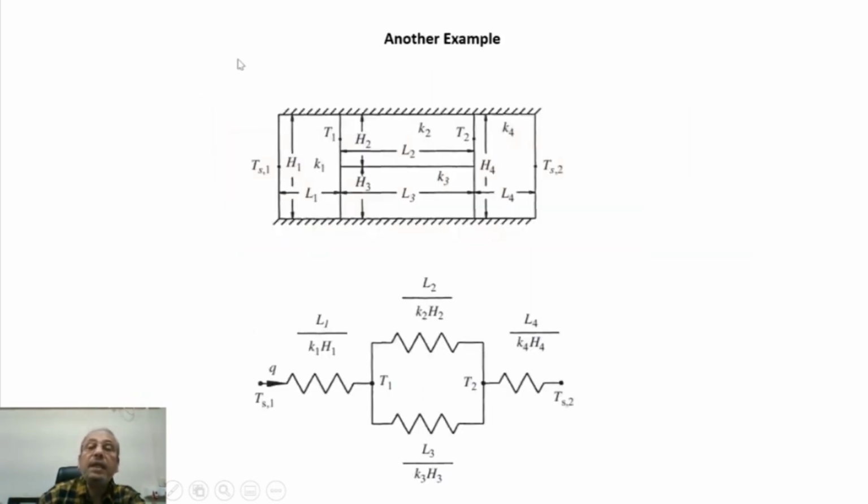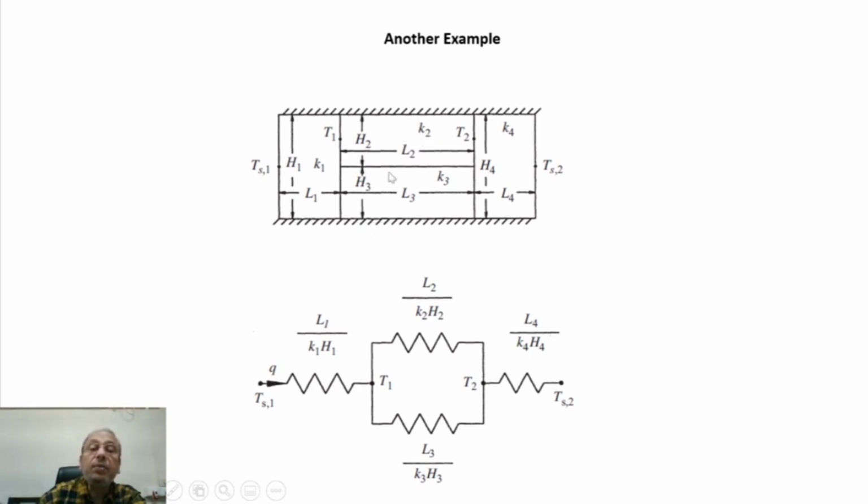We can take yet another example. For example, this block here, this element is made of thermal conductivity K1 and length is L1, and the effective transfer area is H1. This is L2 length and the effective transfer area is H2.